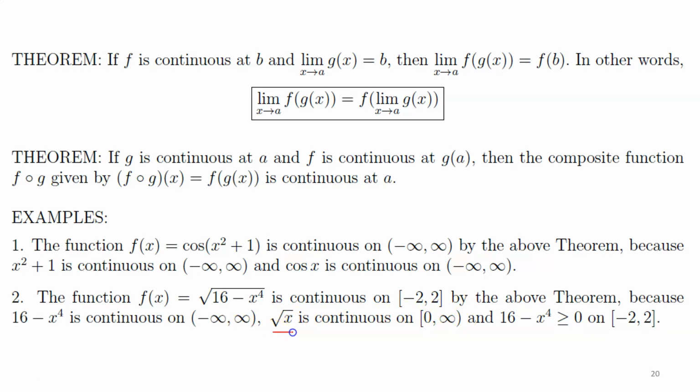Cuma yang ni saja masalah sebab ada root x. Remember in chapter 1 when we have root, we cannot have negative numbers. At least start from 0. Okay, kita tidak boleh ada punca kuasa negatif. It needs at least 0. Start from 0. Okay, until infinity.